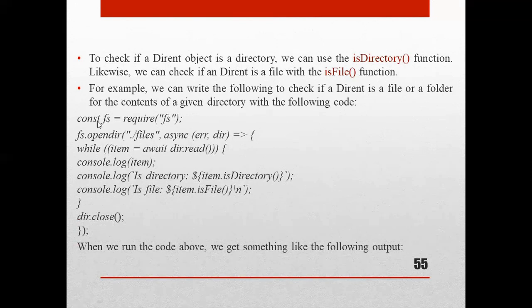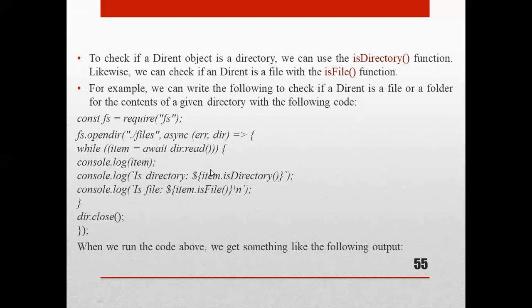For that there are two functions, isDirectory and isFile. Const fs equals require fs. Here fs.opendir opens the directory asynchronously with the error and callback. Then while item equals await dir.read, we have seen that await will repeatedly run this command, and after that print the contents or items from that directory.